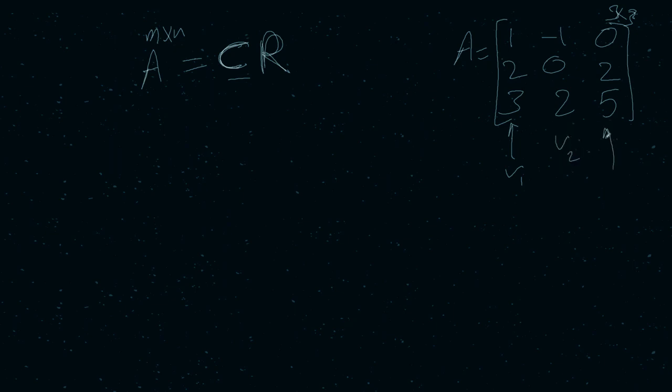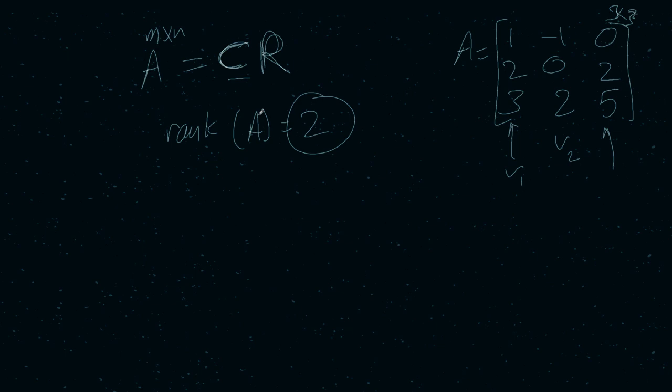Of course, you can take v1 and v3 as independent, and v2 is a linear combination, so you are free to mix between those, but still the rank is 2. The rank of the matrix A is equal to 2, and 2 is the number of independent columns in the matrix A.